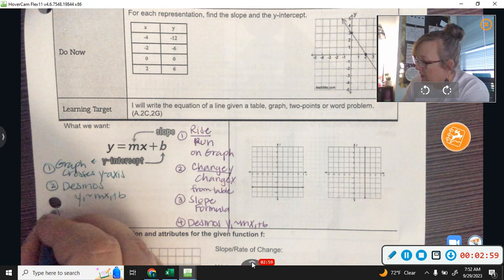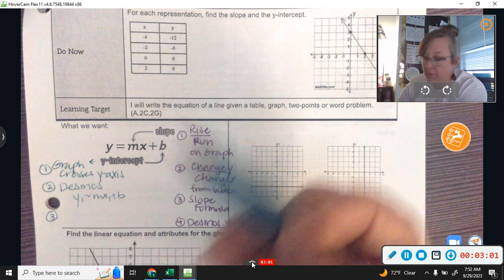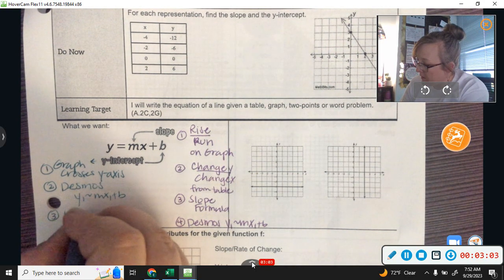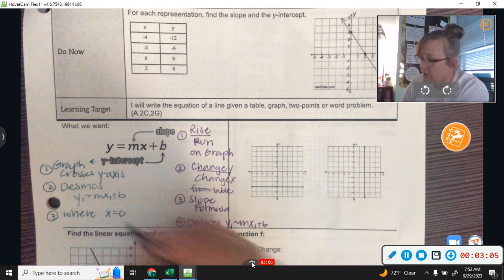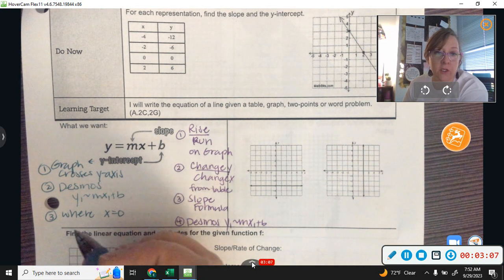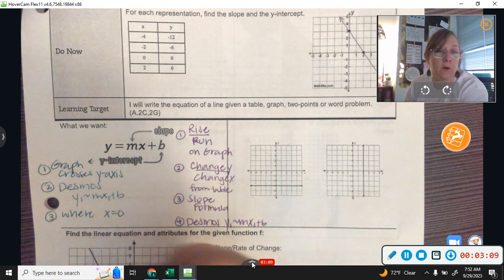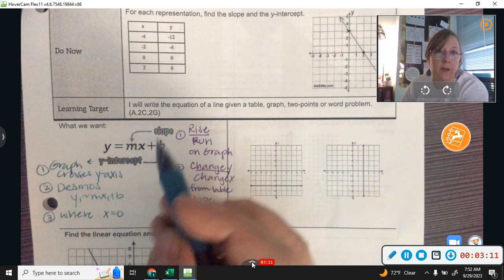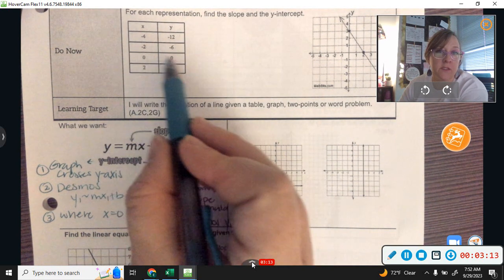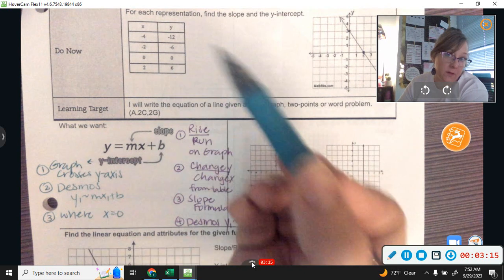But you can also think of up here in this table where x equals 0, so you could evaluate the equation. If you plug in a 0 for x, what would you get for y? Or in a table where x is 0, what's y? So the y-intercept up here is 0.